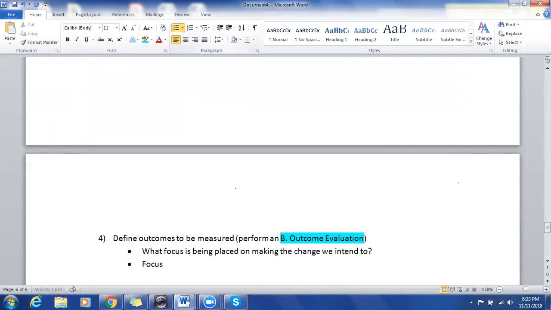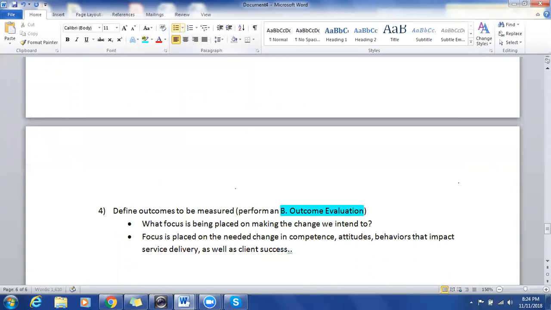And this is where focus is placed on the change, well, the needed change in competence, attitudes, behaviors that impact service delivery as well as client success.